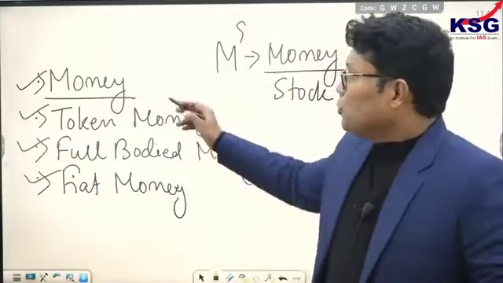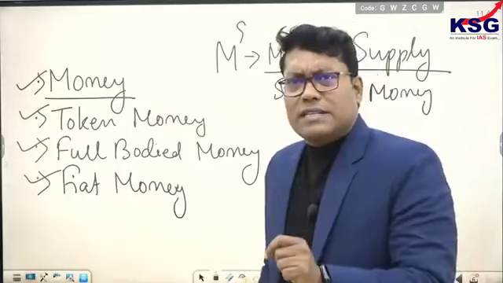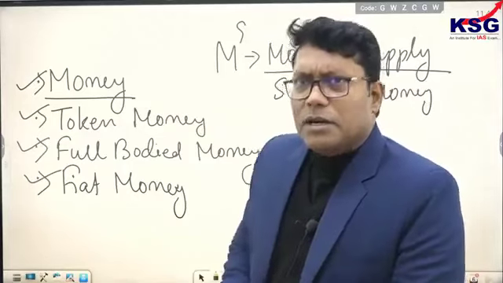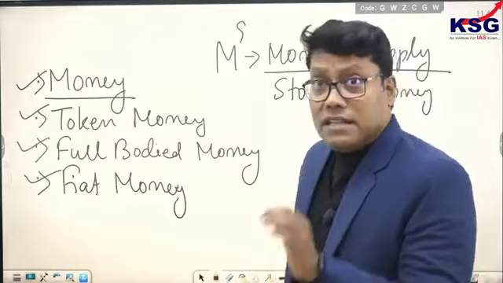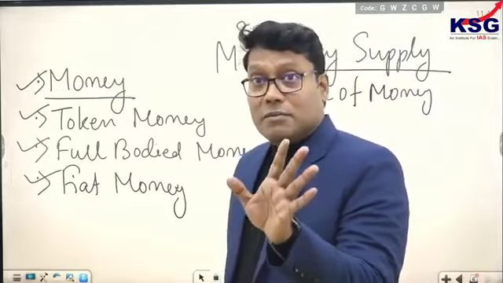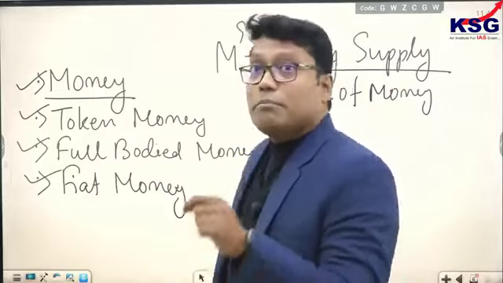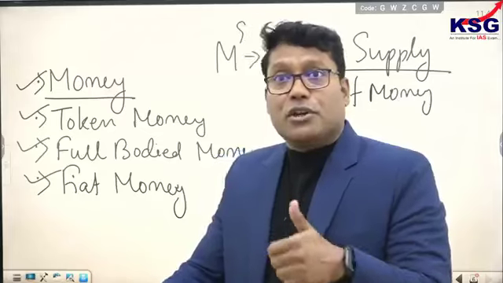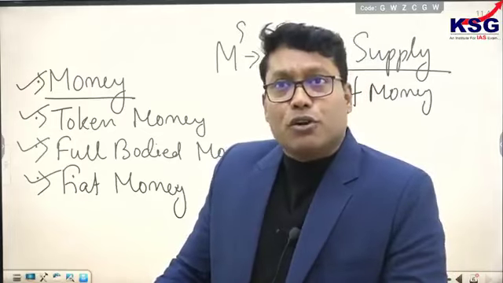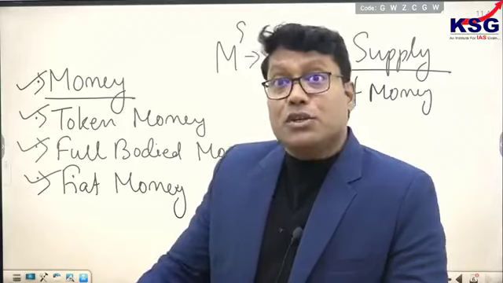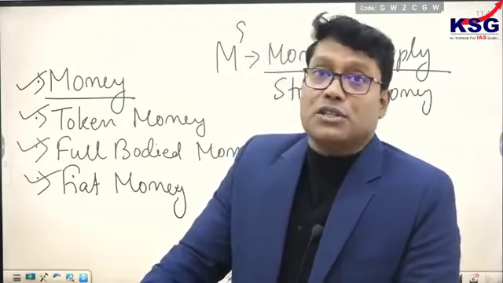So what is money? Write one line: money may be anything. In brackets, write metal or non-metal, or metallic or non-metallic. Non-metal now includes digital also.